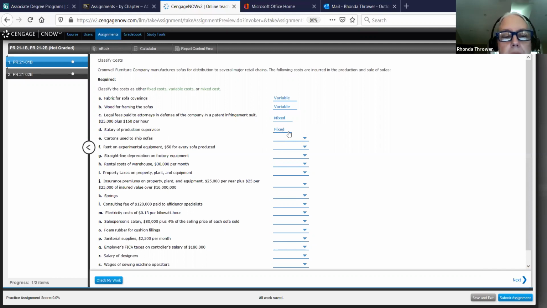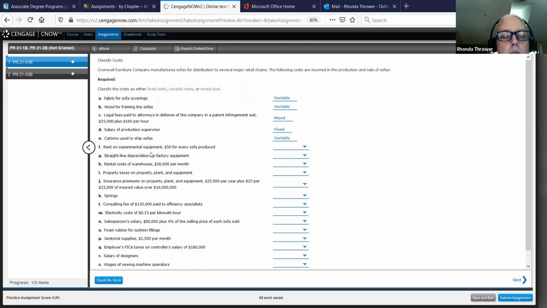It is a fixed amount. The cartons used to ship sofas would be a type of direct materials. The direct materials cost would depend on the number of sofas that were shipped. So this would be an example of a variable cost.